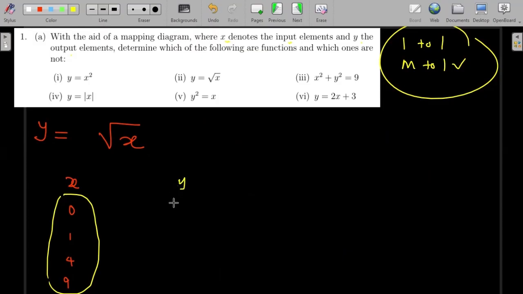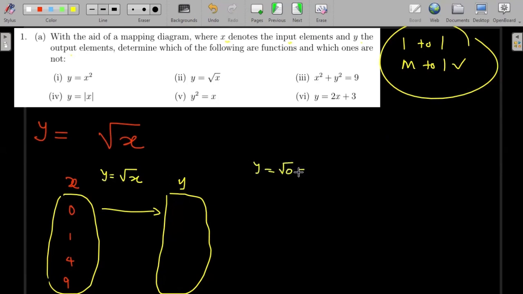So what will y be here? The relation that we are using is y equals the root of x. If my x is 0, what will be my y? It will be y equals the root of 0. Root of 0 is 0, so I'll put 0 here. If my x is 1, what would be my y? It will just be 1. If my x is 4, what would be my y?